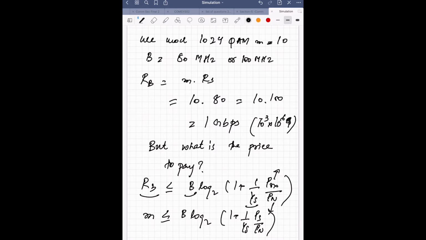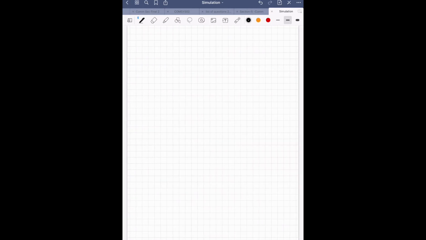So in order to use a constellation with M equal to 10, how much signal to noise ratio, how much SNR, do we need at the receiver so that we can work with the 1024 QAM constellation?